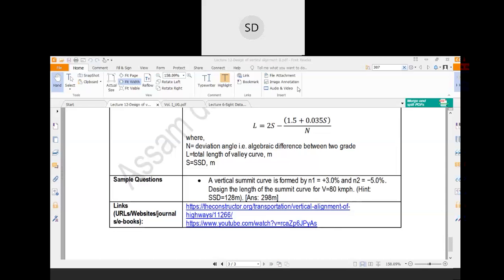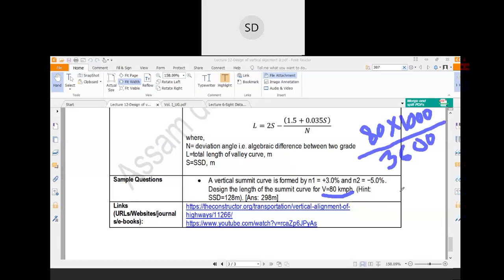To calculate it, first convert the speed into meter per second. If you convert 80 kilometers per hour, it would be 80 into 1000 divided by 3600.